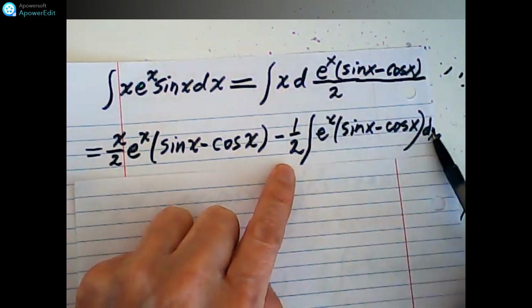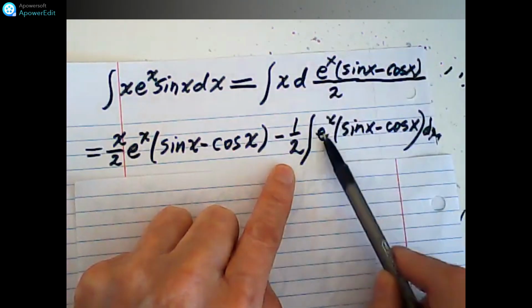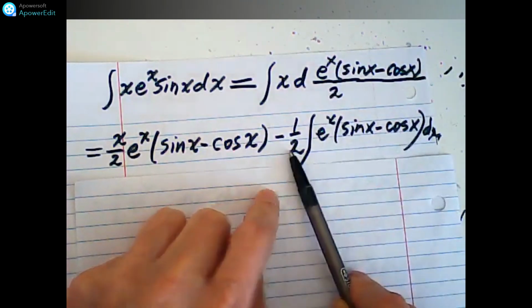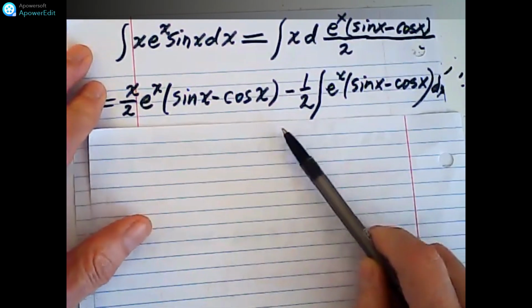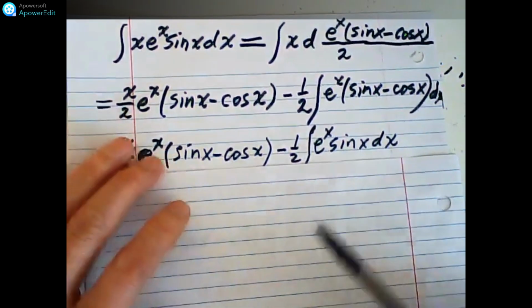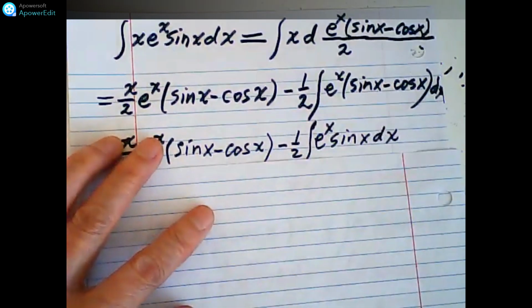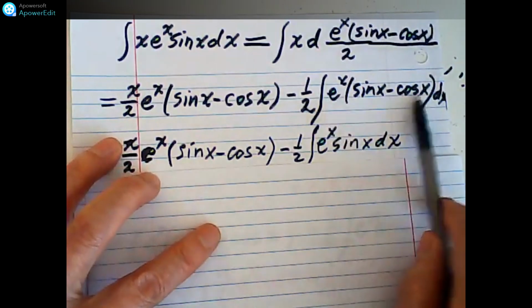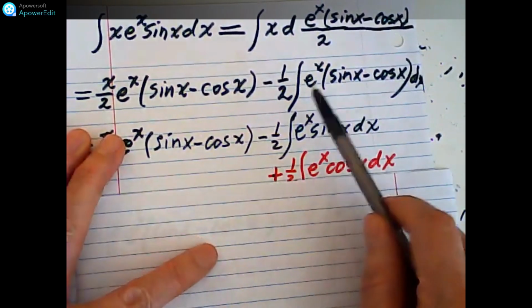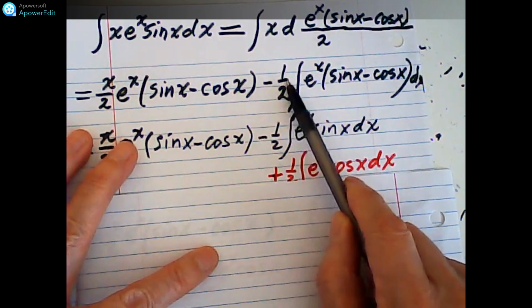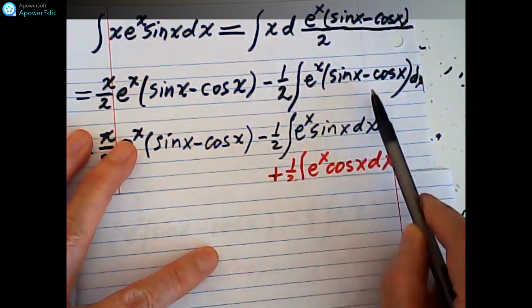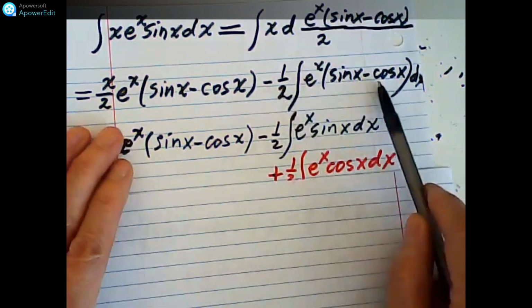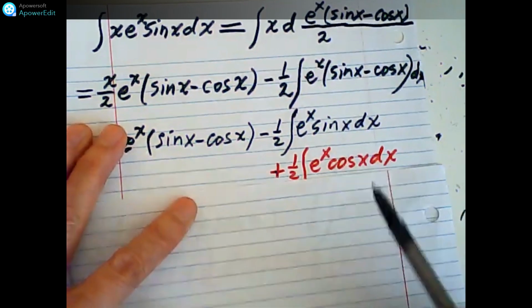Du is dx. This is v, right? Times by 1 over 2. Then this integral becomes 2, right? Minus half this integral plus half the integral of e to the x cosine x dx.